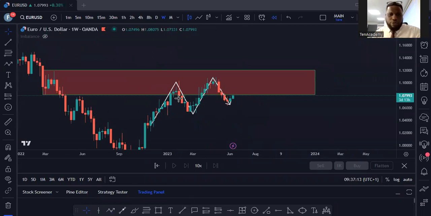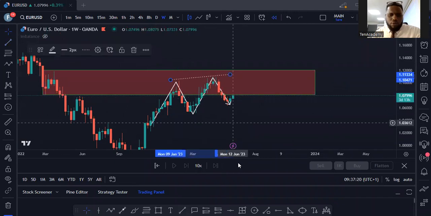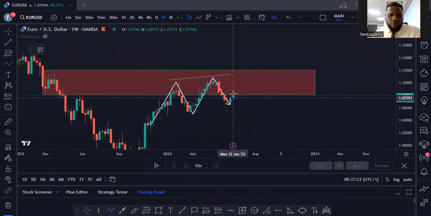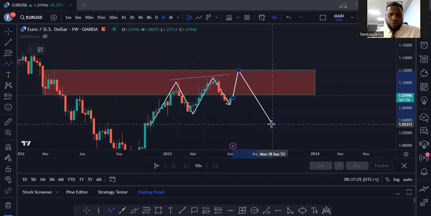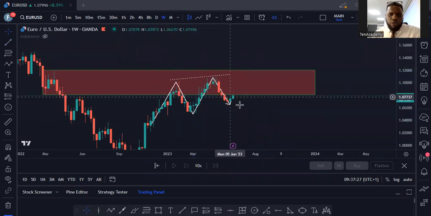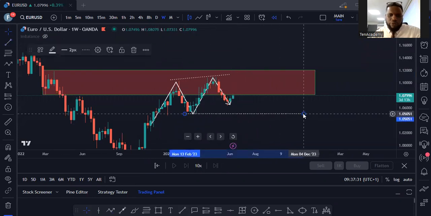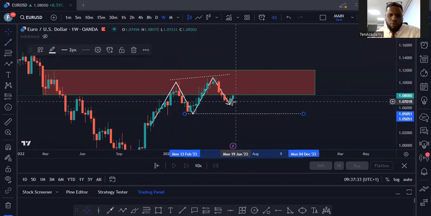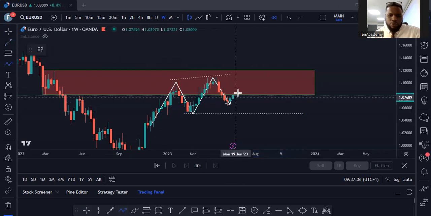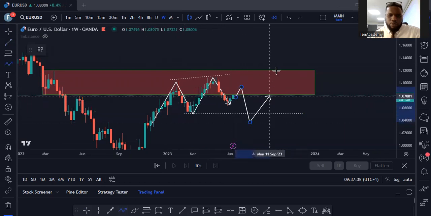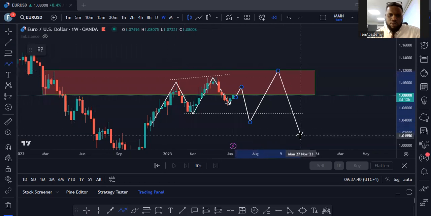Ultimately, price might still come up high here. You might see price come up and then drop like so. Okay. Before that happens, we might also see price take out this neckline first. So price might go up a bit, take out the neckline first.